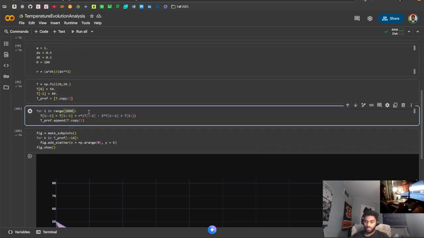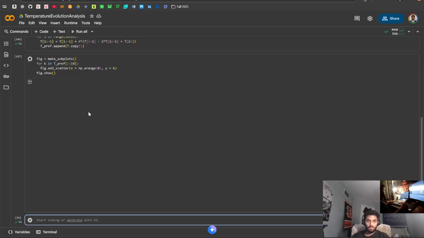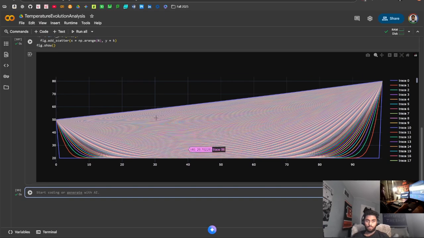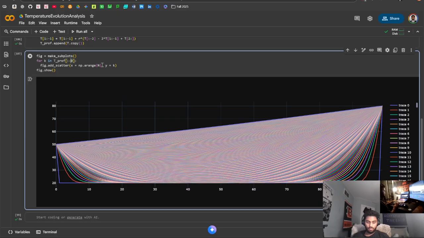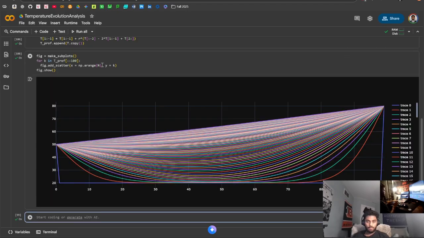So let's see what happens when we get maybe like, whoa, right, we definitely need to see less of that. Here we go. We see that by the time we reach up here, we actually do approach this pretty nice steady state that we have.